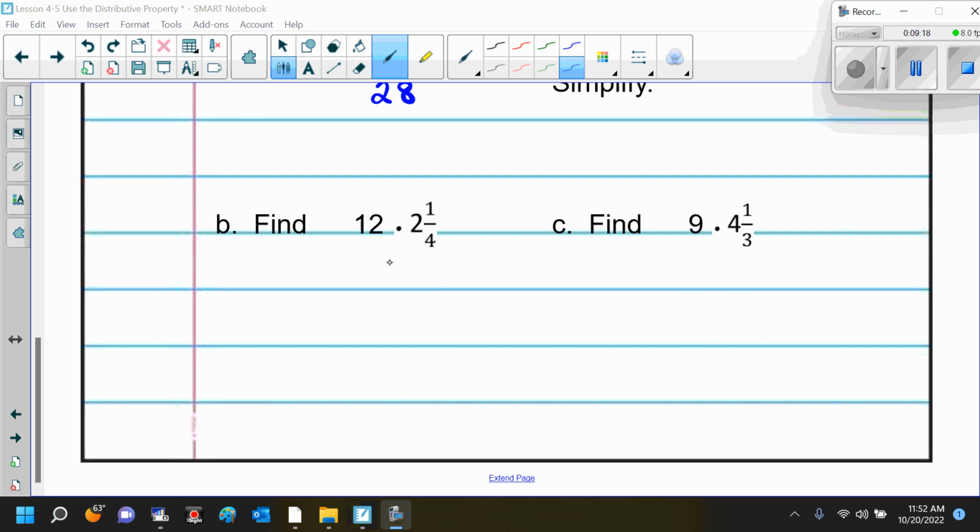So here we want to find 12 times 2 1/4. What do you want to split the fraction up into? 2 plus 1/4. Very good. Okay, so let's rewrite. We've got 12 times the quantity 2 plus 1/4.